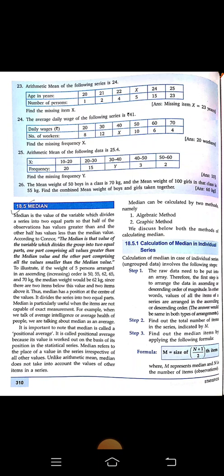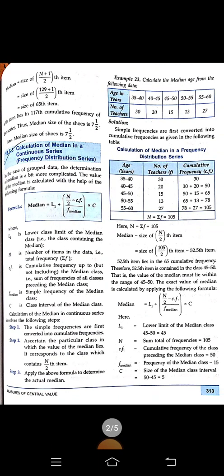So we are going to see the method of calculating the median in the continuous series, or we can say the frequency distribution series. In the case of grouped data, the determination of median is a bit more complicated. The value of the median is calculated with the help of the following formula.